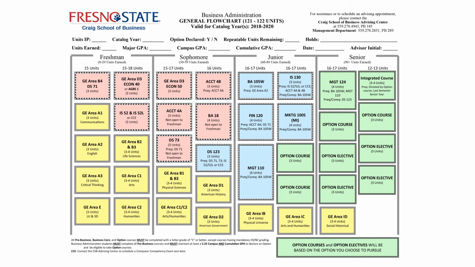The blue course grouping represents the business core courses. These courses are required to be completed with a letter grade of C or better by all business administration students regardless of the option or focus you are intending. The business core courses, other than DS-123, all require junior standing, which is 60 units or more earned. Notice that BA-105W is a co-requisite for every blue course other than DS-123.